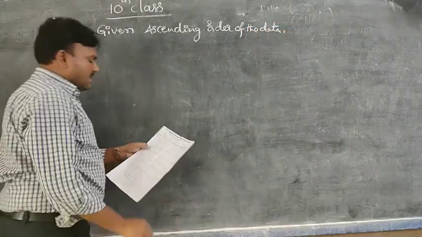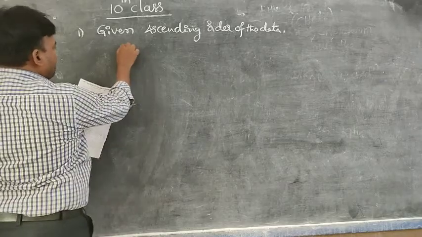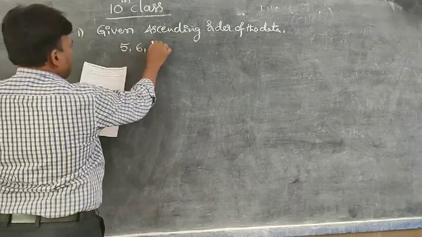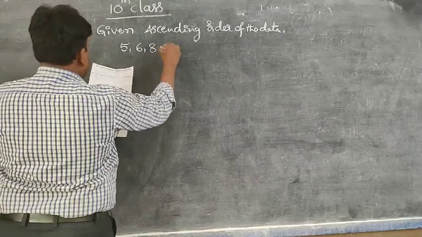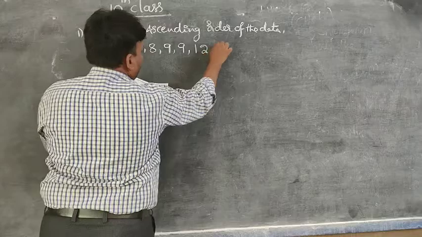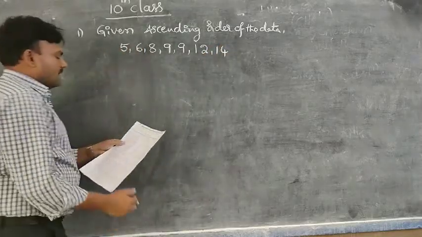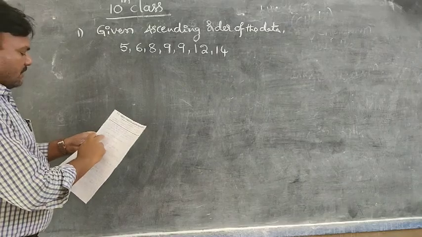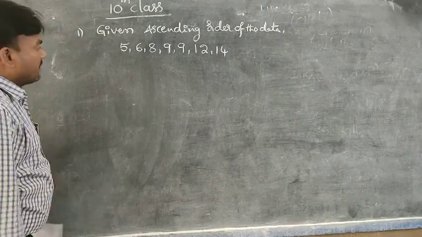Here in this data, the least value is 5. So 5, 6, 8, 9 and also 9, 12, 14. Counting the observations in this question paper: 1, 2, 3, 4, 5, 6, 7 observations are there.